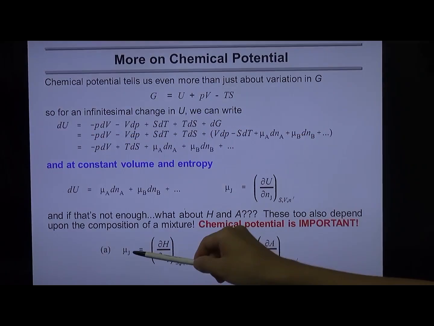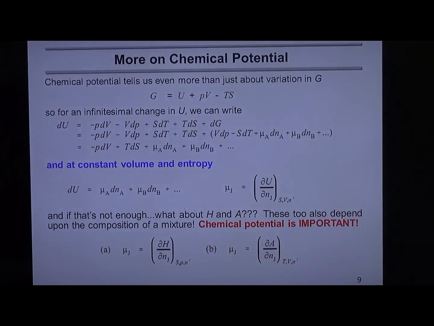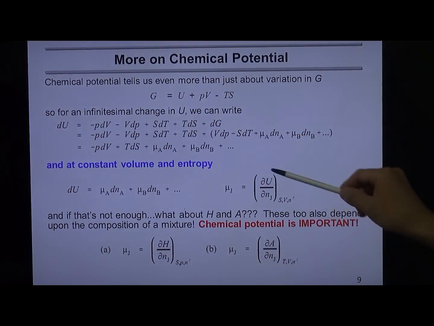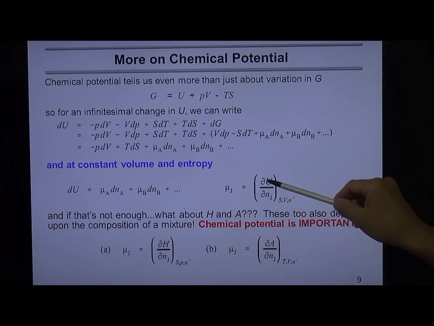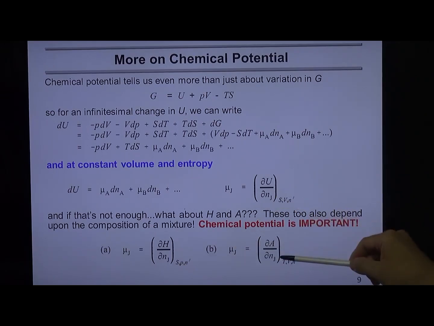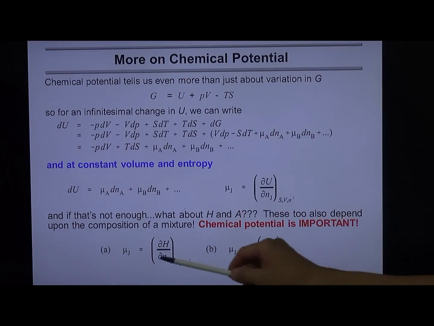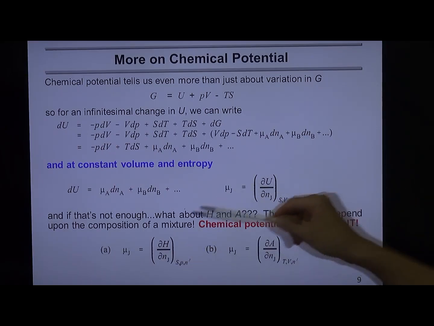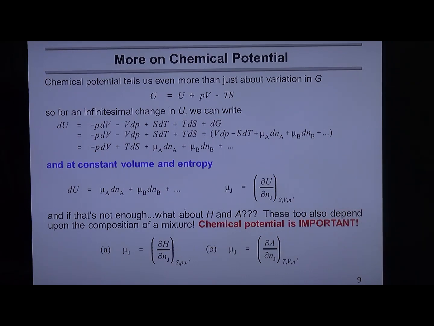Chemical potential is the partial derivative of internal energy, enthalpy, Helmholtz energy, and Gibbs energy as a function of composition, the amount of materials. That's why chemical potential is important. It represents everything: how all these four physical variables change as a function of composition.